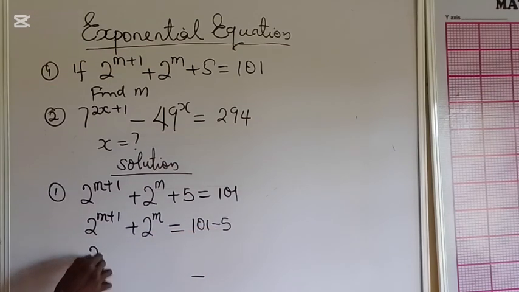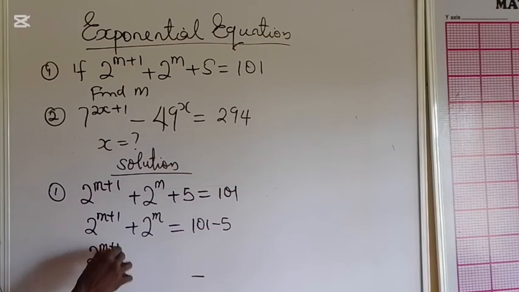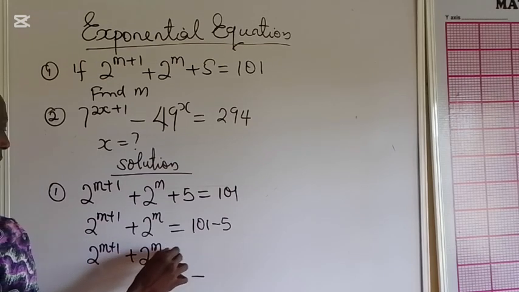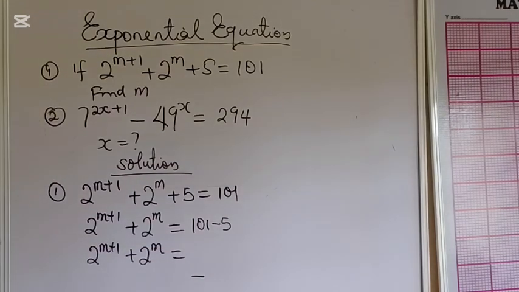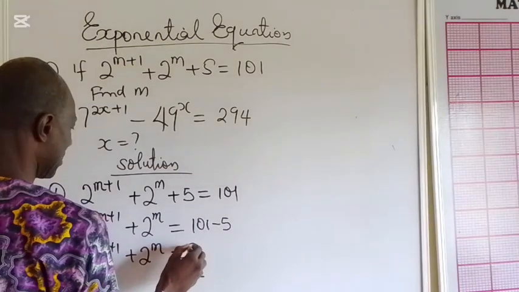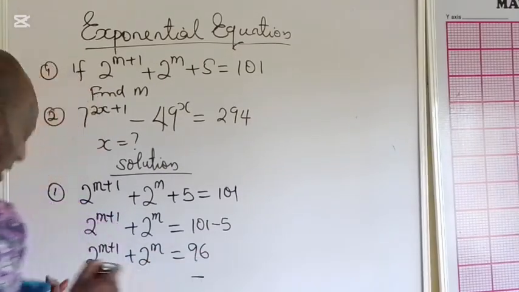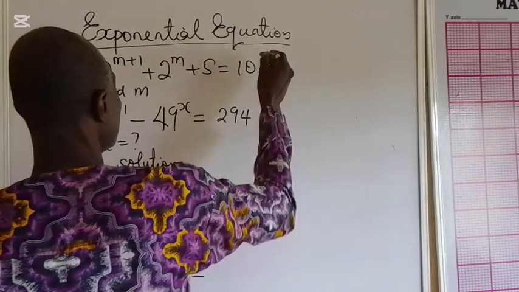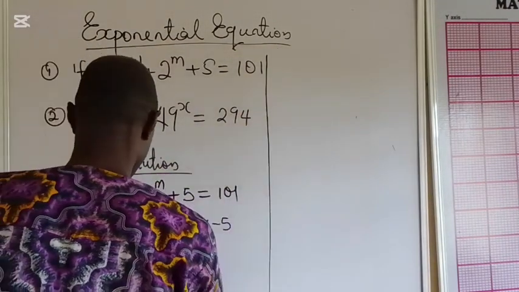What is 101 minus 5? Is 96. So let us solve here.